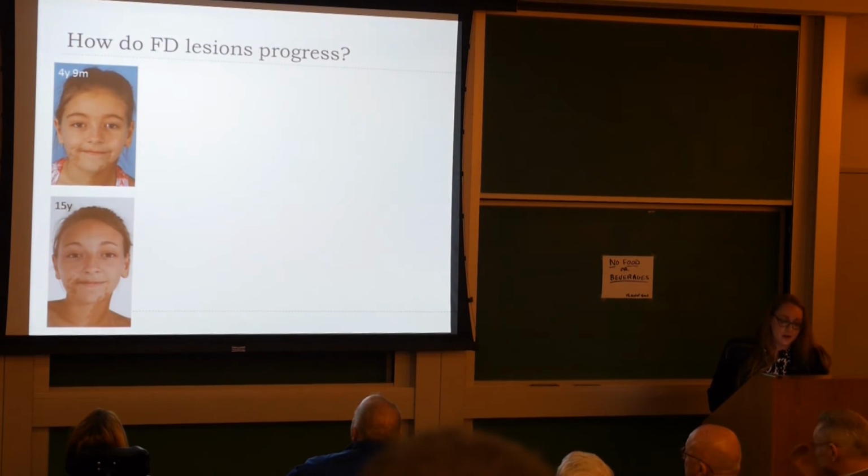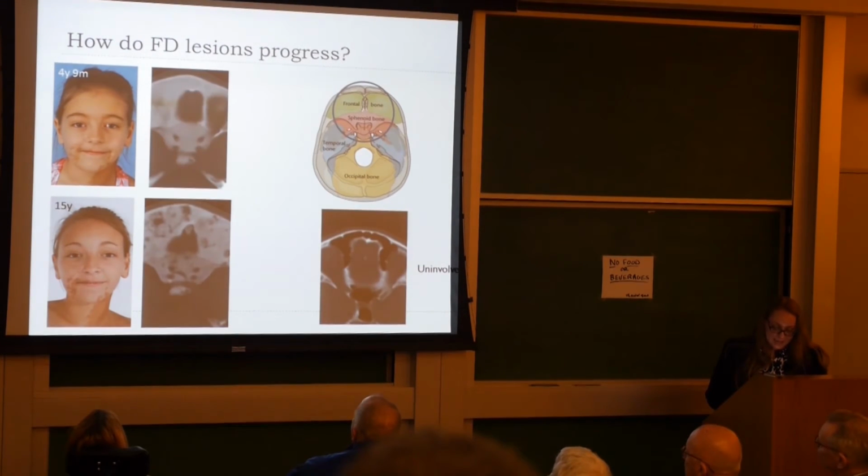And here's an example of this little girl. This is a patient of Dr. Collins, and she was followed here over a period of about 10 years. And here she is at 5 and 15. And we're just showing on CT scan, and this is the area of the anterior cranial base. Again, this is an uninvolved CT scan. We can see the ground glass appearance of her fibrous dysplasia and how it's actually changing over time.